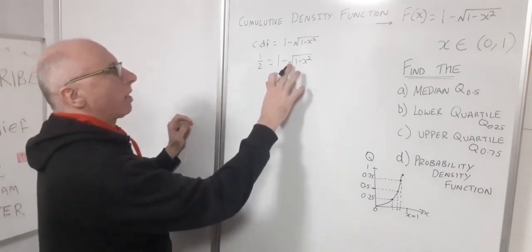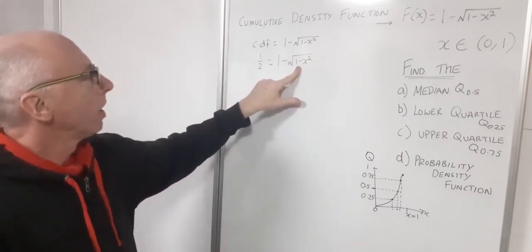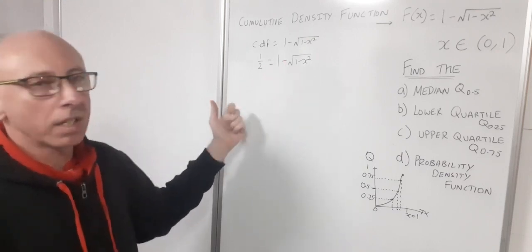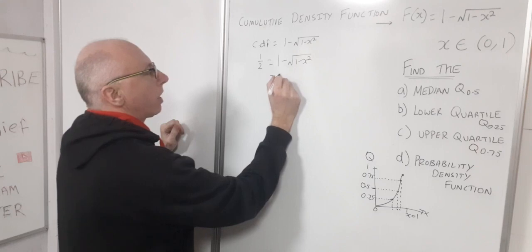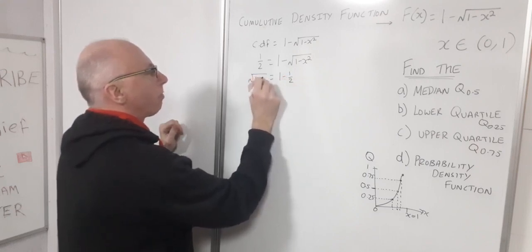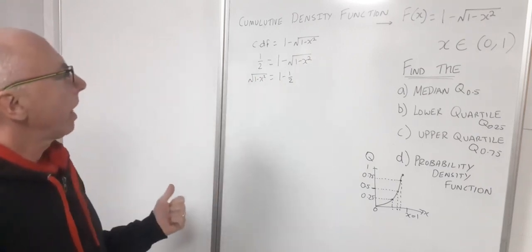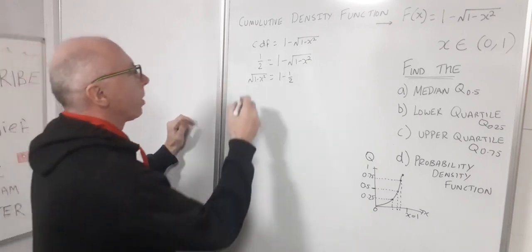So we've got minus the square root of something. I don't want a minus there, I want a positive, so I'm going to bring that onto this side and bring the half over this side to keep everything positive. So then I've got 1 minus a half equals the square root of 1 minus x squared. Now I've got to square both sides to get rid of this square root term.